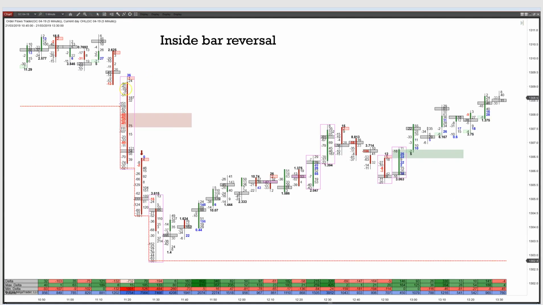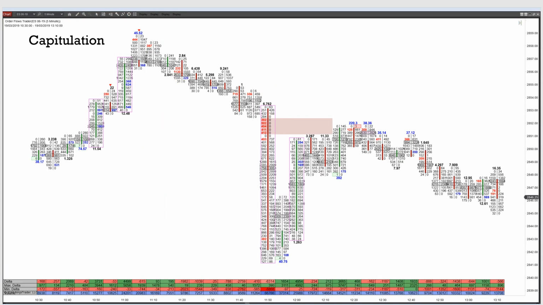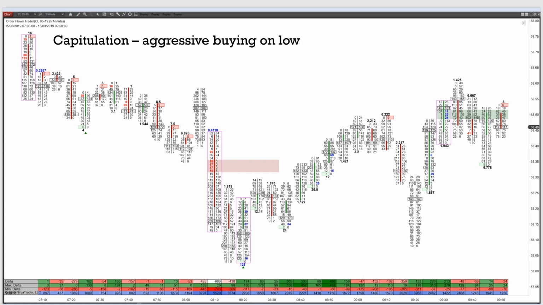I prefer it to push lower, push lower, push lower, rather than wham, get everything down there. Really, that takes guts to stand there and buy it like that. Because you buy it like this and you get another bar like that down. Next thing you know, it's 10 points against you. I like a little bit more methodical activity in my trading.